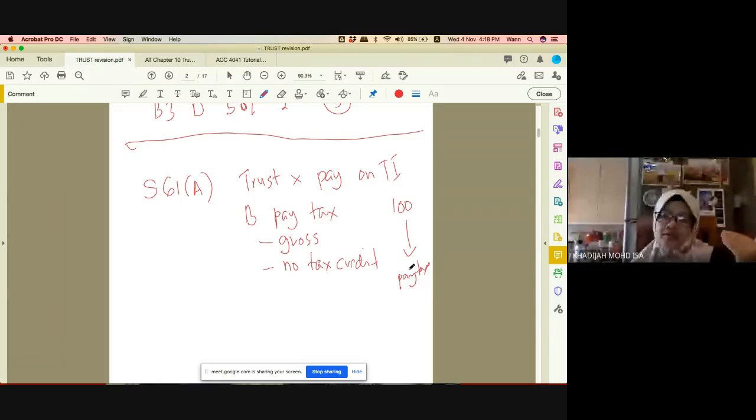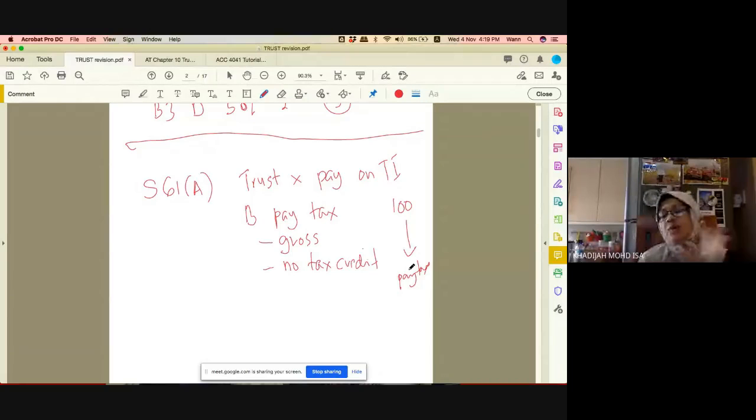Of course it does not give a difference, because tax on the individual will be at the scale rate. Whatever tax credit is given, most likely it is because the trust is taxed at 24%. The individual is taxed at the scale rate, provided that he is a resident person.